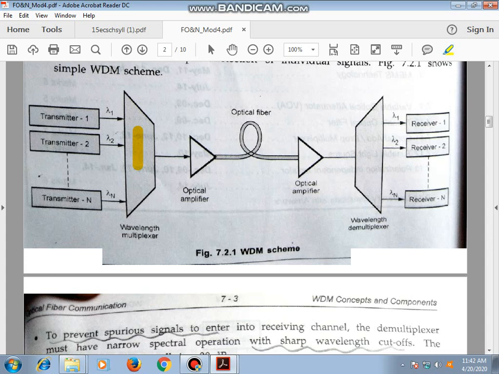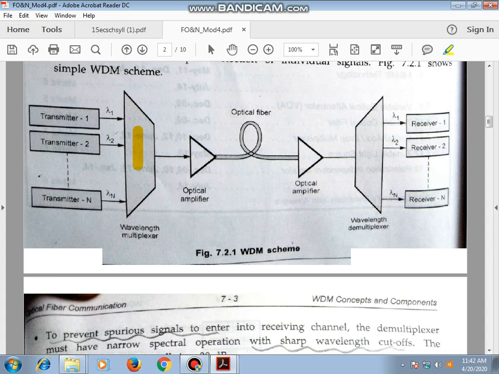Because of this, it is necessary to use an optical amplifier at the transmitter side itself, and also at the receiver side, in order to amplify the signal which is sent from the transmitter side.